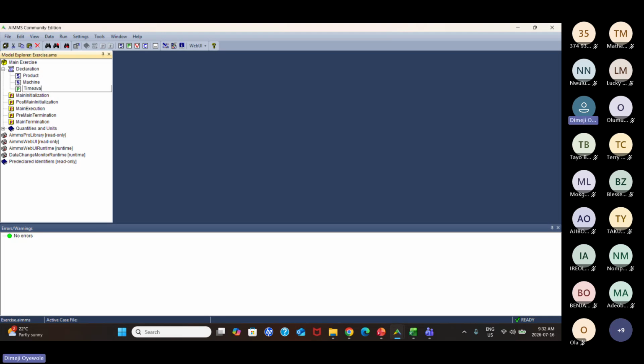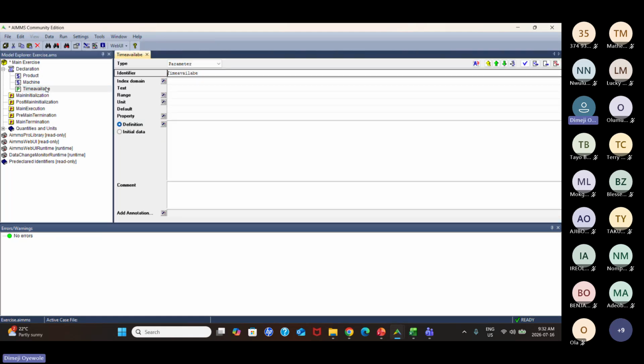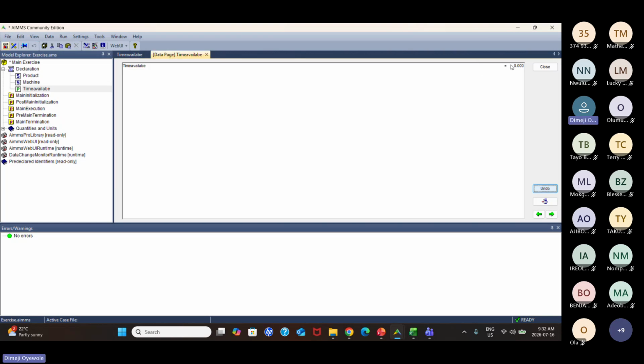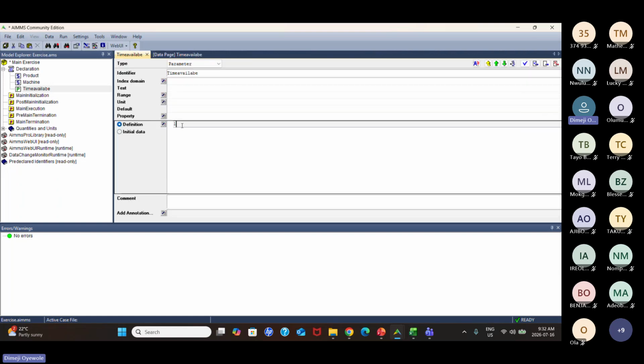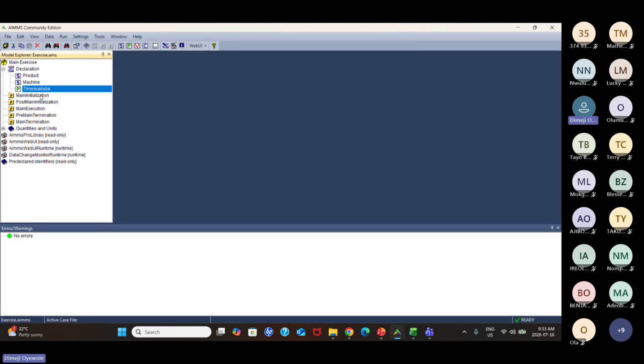Time available is just a floating number, just a single number. So you cannot index it to anything, right? So it is 0, but if you declare the value to be 192, and then you check again, it becomes 192. You check, commit and close.